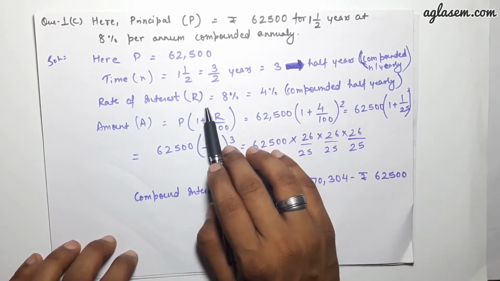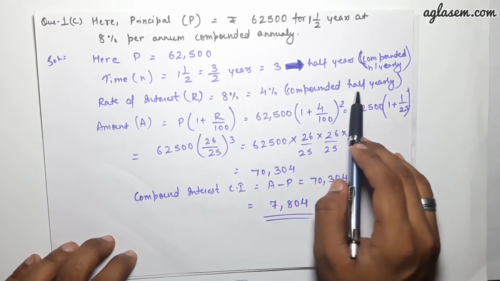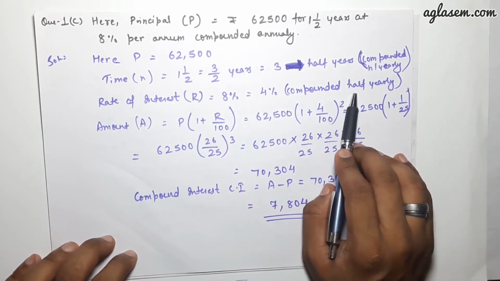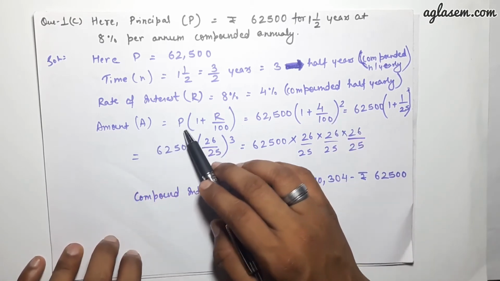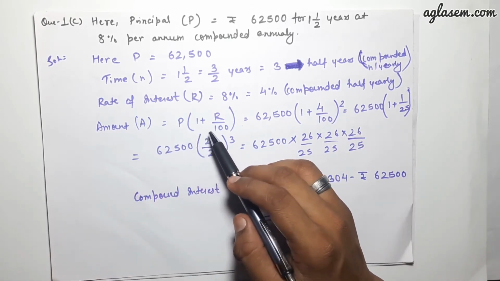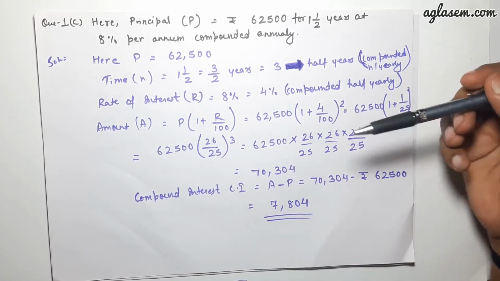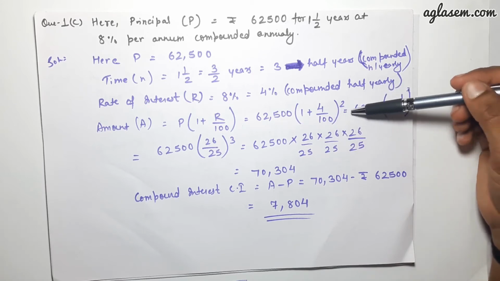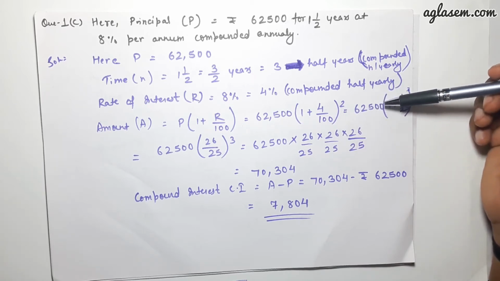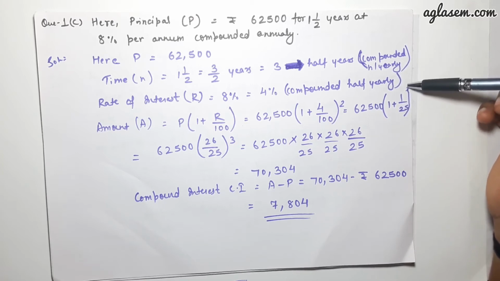Rate of interest R is equal to 8%, that is 4% compounded half yearly, because we have to compound it half yearly. Amount is P with the same formula, 1 plus R upon 100. So let's put the values: 62,500 bracket 1 plus 4 upon 100 bracket close to the power 3.